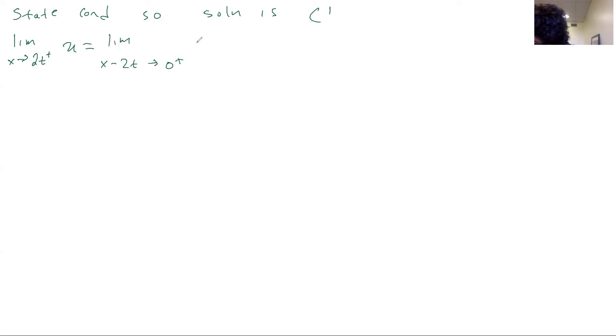And so that's going to mean that we have f of x minus 2t, or the limit as z goes to 0 from above of f of z.